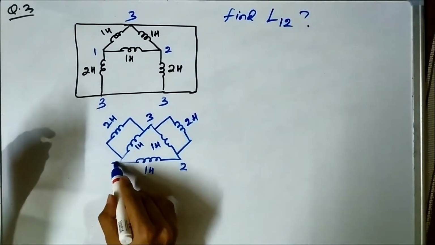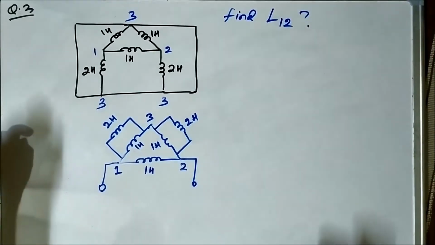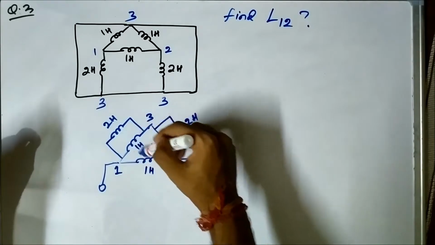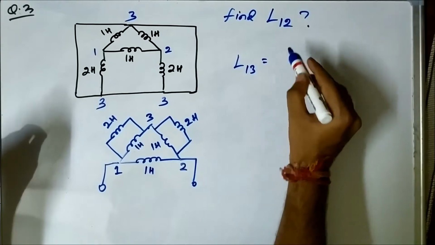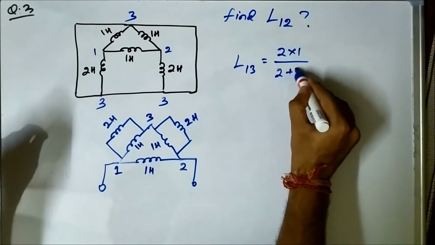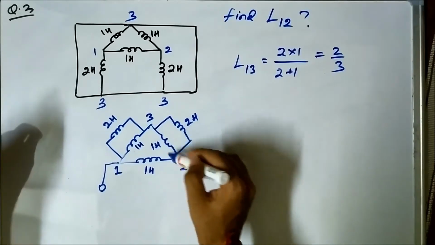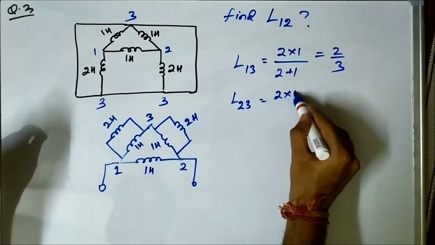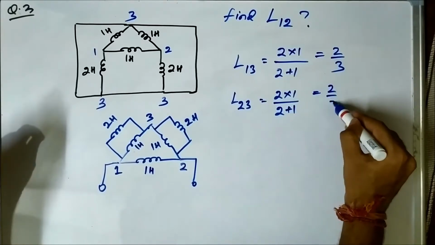Now we have to calculate the equivalent inductance between 1 and 2. The equivalent inductance of the combination between 1 and 3, L13, is equal to 2 into 1 by 2 plus 1, which is equal to 2 by 3 Henry.